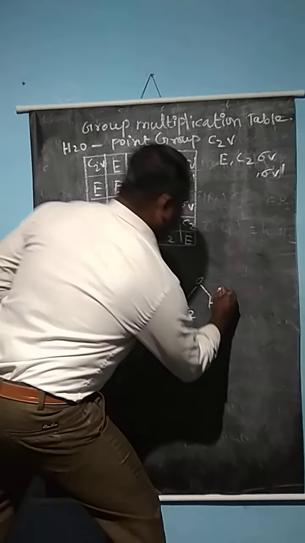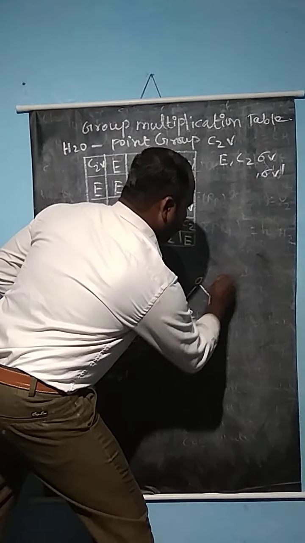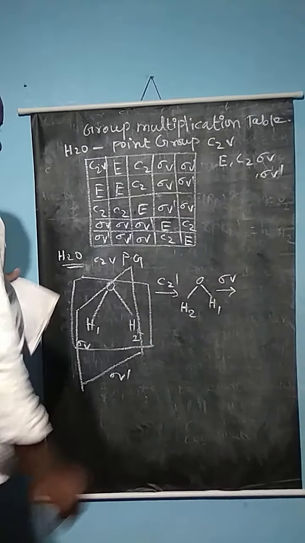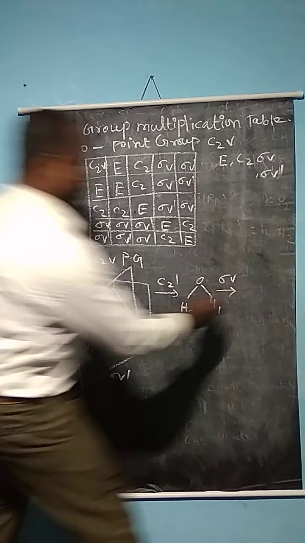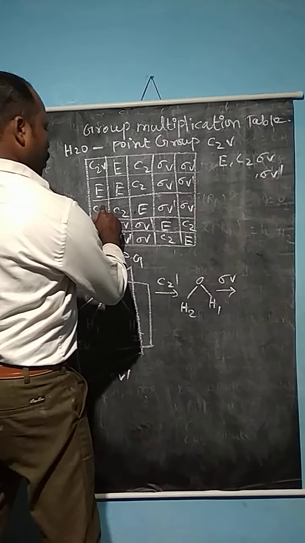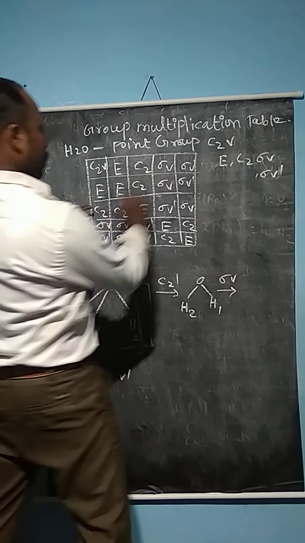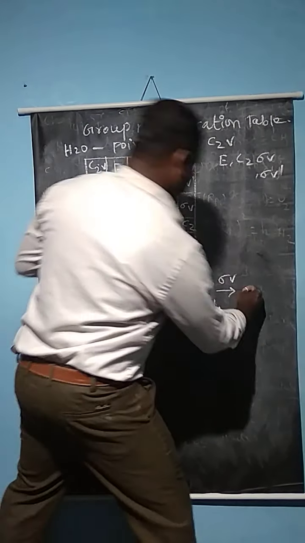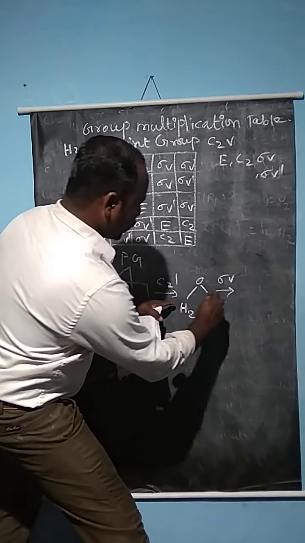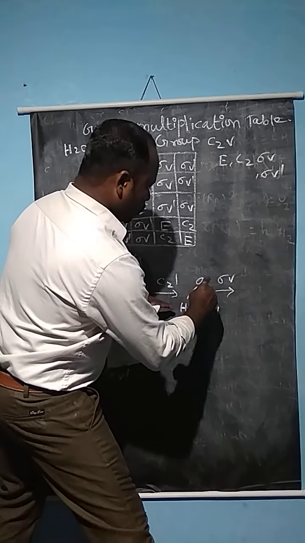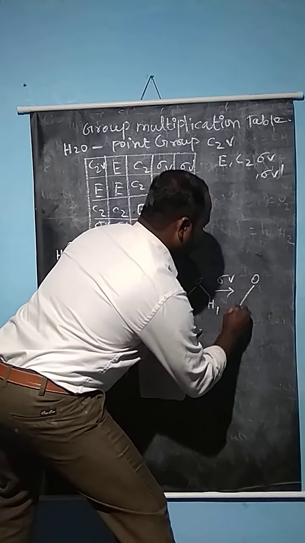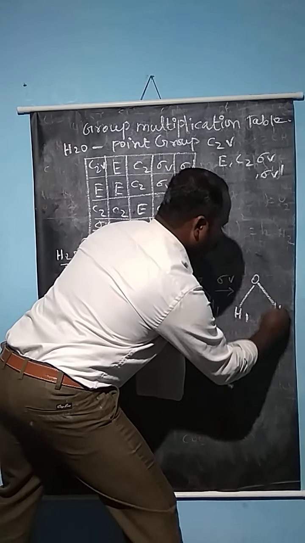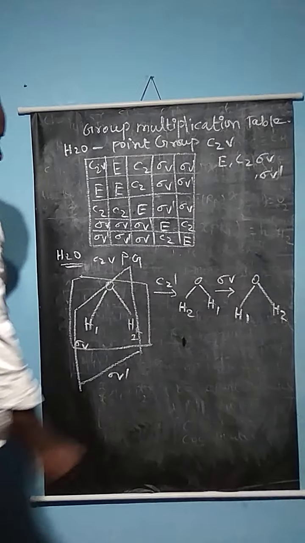If we perform the operation of sigma v, here C2 into sigma v dash, sigma v dash means the molecule is rotated a second time. So with oxygen here, H1 is equal to H2.